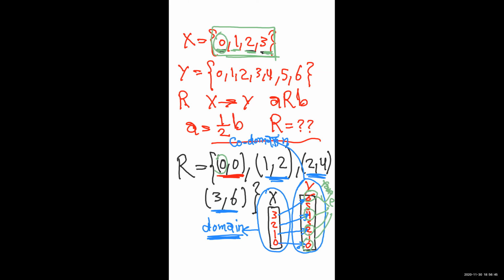Yes, 0 appeared here one time. 1, yes, 1. 2, yes, 2. 3. So all elements appear as a first projection in the ordered pairs. Okay? In an arrow diagram like this, only one arrow goes out from this element to one element on Y, okay?